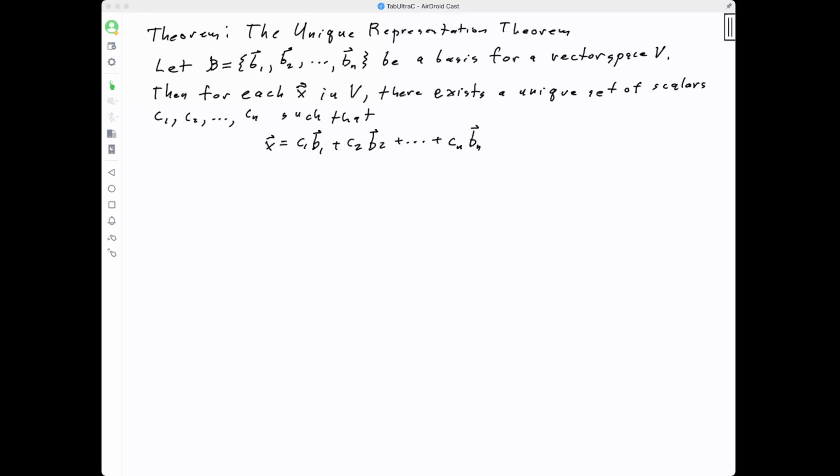So this allows us to build a definition.